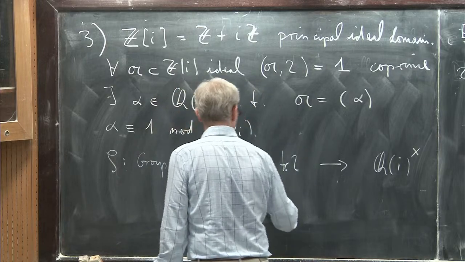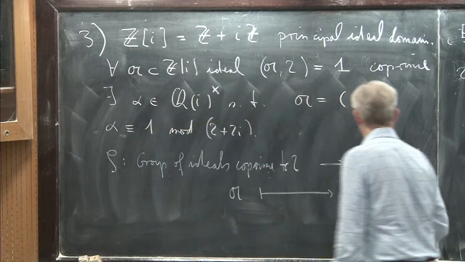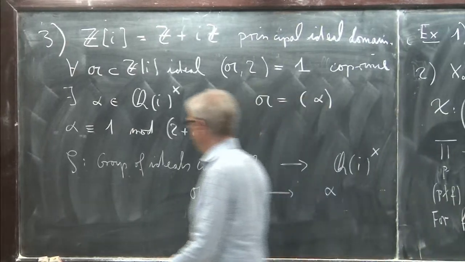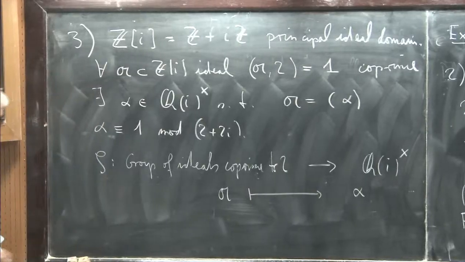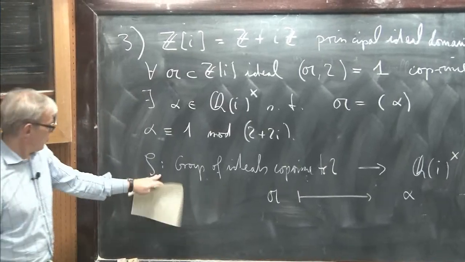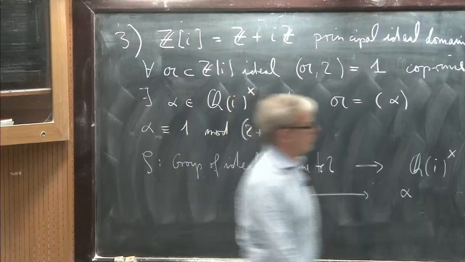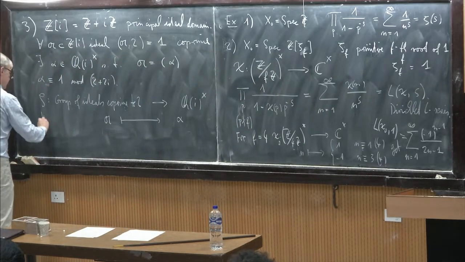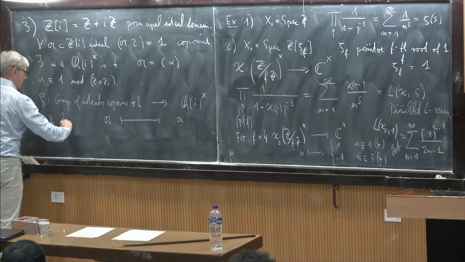So A goes simply to this alpha. Turns out that this is a character, and that's maybe the easiest example of a true Hecke character, although this is also a Hecke character.